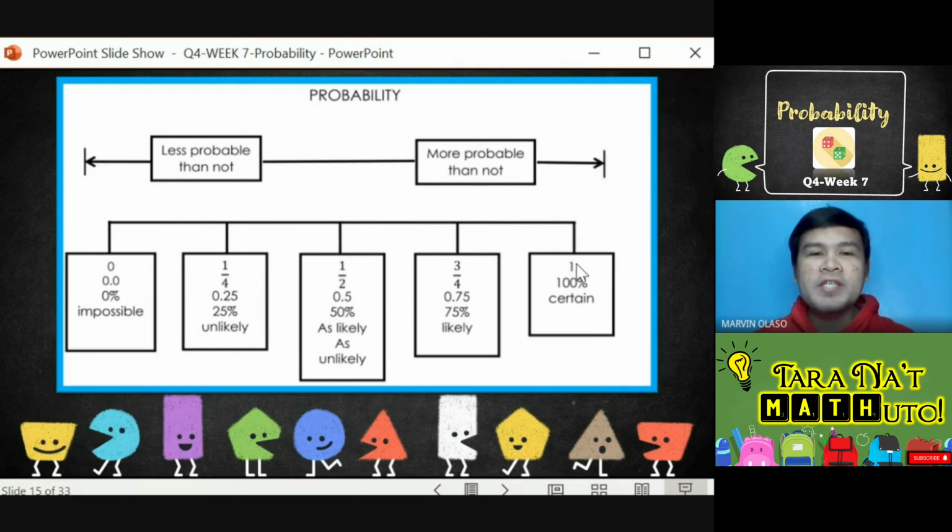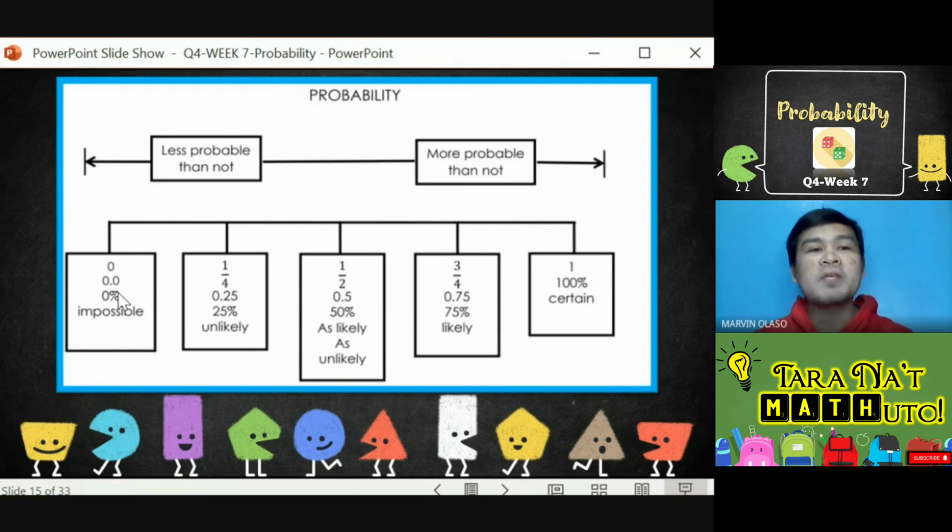Pag 100%, lahat ay possible mangyari, that's certain.